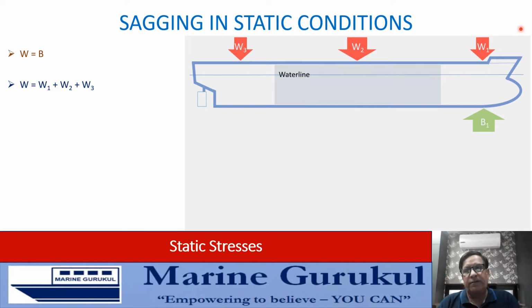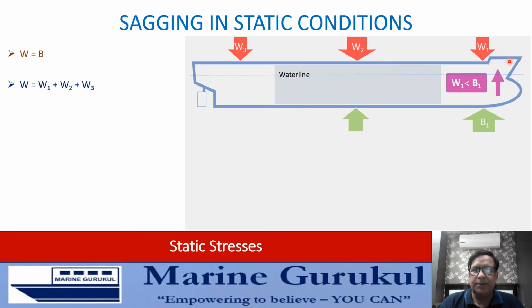So it's a relative representation between the weight and buoyancy in a particular section. So please read it only that way. So in the forward part we have buoyancy greater than the weight, or weight less than buoyancy, resulting in a net or resultant upward force at the forward end.